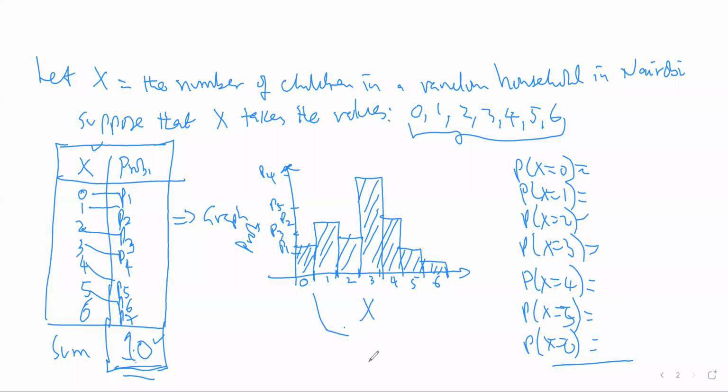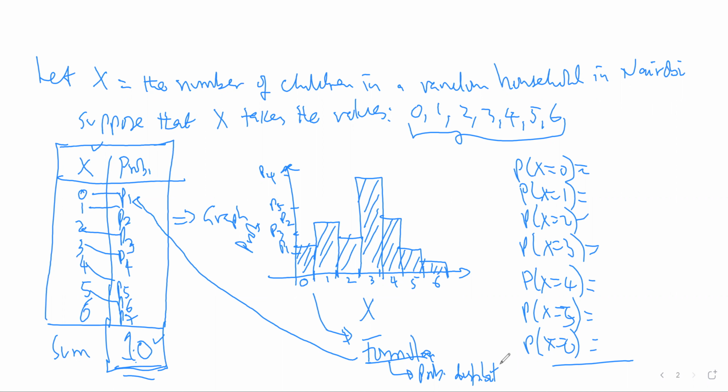If there's a formula that we can use to generate these probability values for each value of X, for a given value of X, then that formula will also be representing a probability distribution. So in a nutshell, that's what we call a probability distribution.